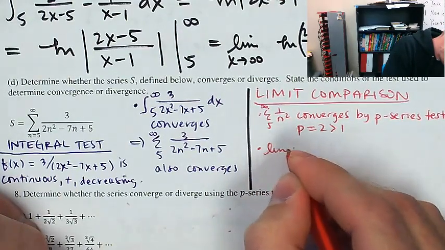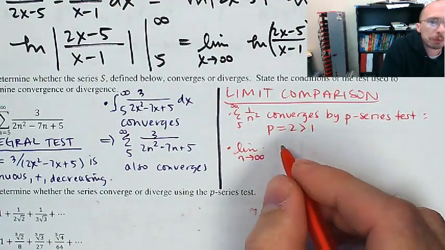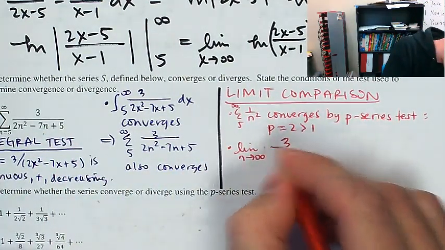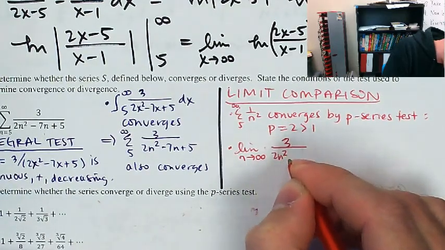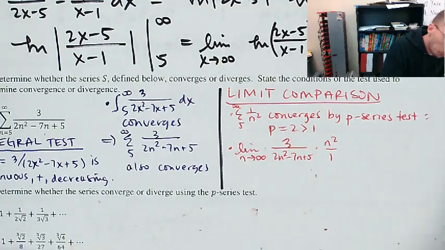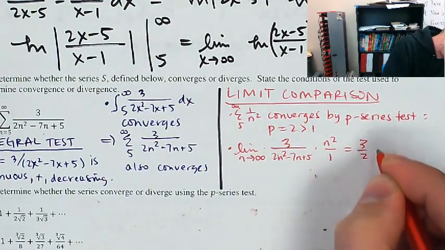Now I'm going to compute the limit as n goes to infinity of this divided by 1 over n squared, which is like multiplying by n squared over 1. 3n squared over 2n squared, that's 3 halves.